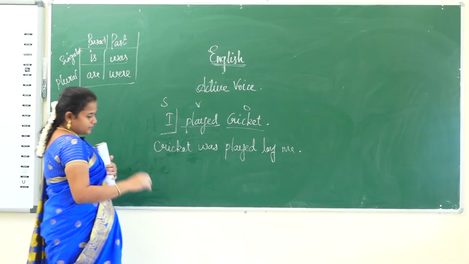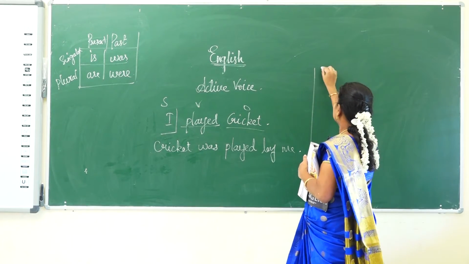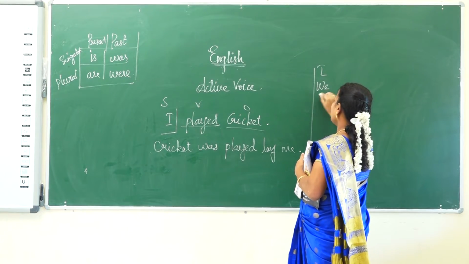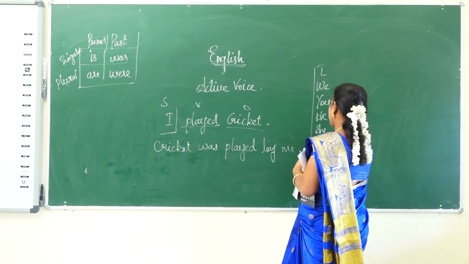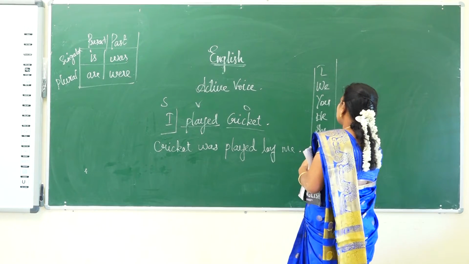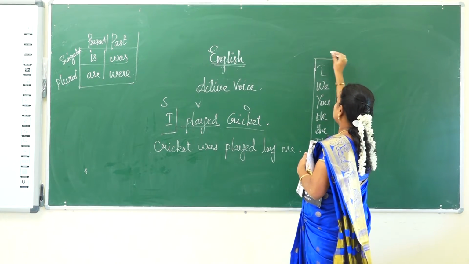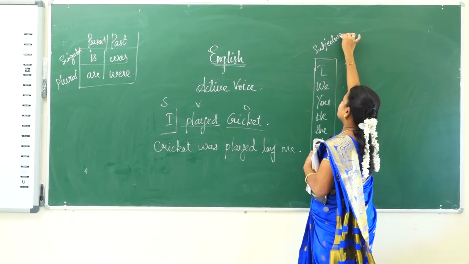See, there are three types of pronouns, you just need to know about these three types. This is I, we, you, he, she, it, they. These are the subjective pronouns.